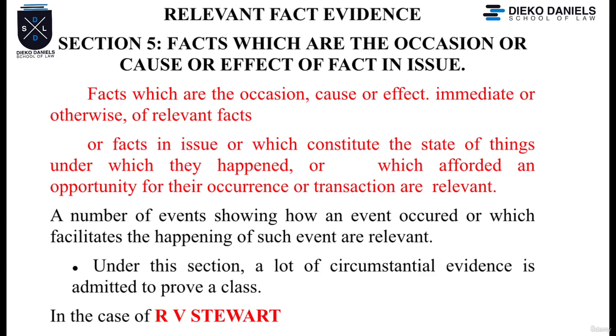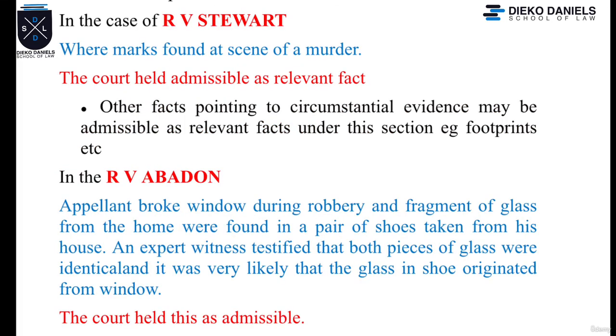In the case of R versus Stewart, the fact is that marks were found at the scene of a murder. The court held the facts as relevant because those facts can help us prove certain things. But before I go into the explanation, other facts pointing to circumstantial evidence may be admissible as relevant facts under this section. For example, footprints. Let us look at the case of R and ABADON.